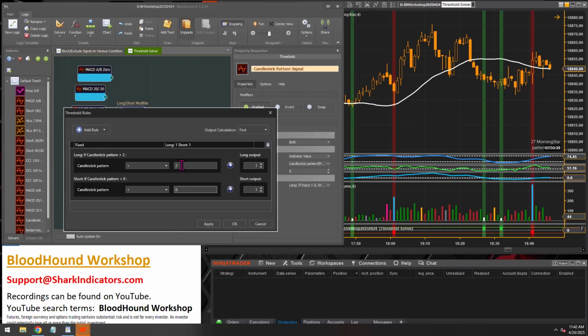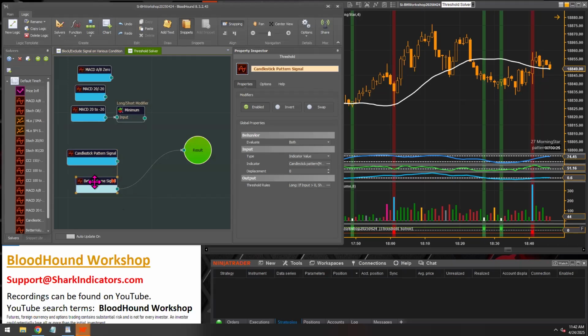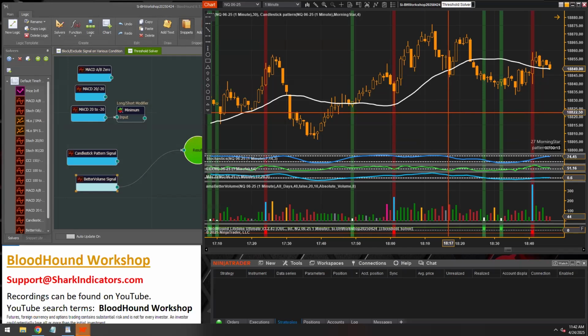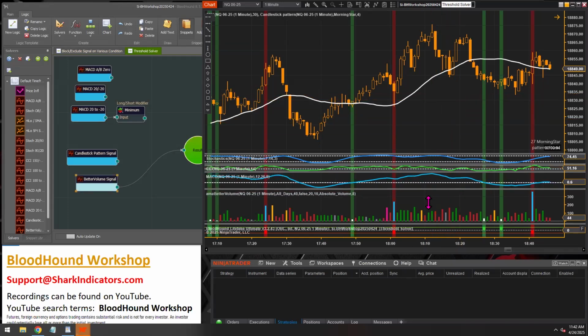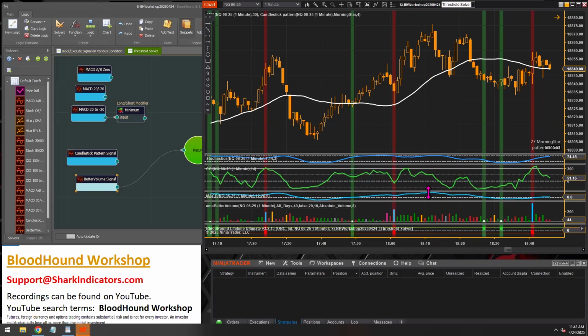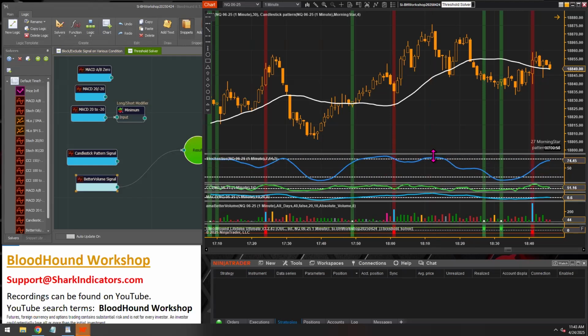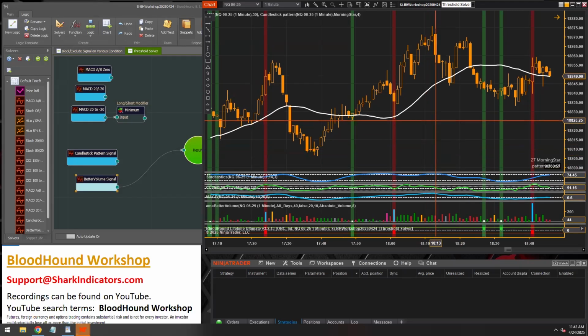So let's put these back to the way they are there. Actually, I'll leave it like that. And let's make up another example here. Let's say you're using some kind of service that provides you support and resistance levels, some service that's manually calculating their own version of traders' pivot levels.